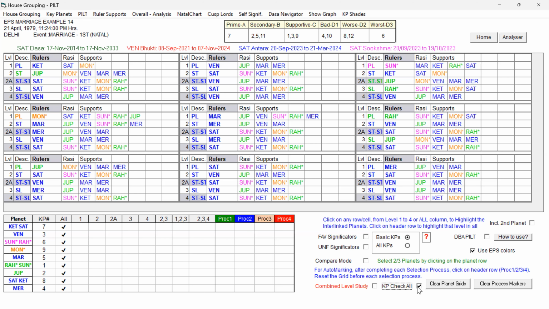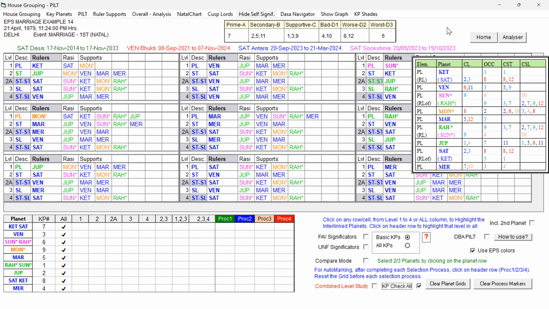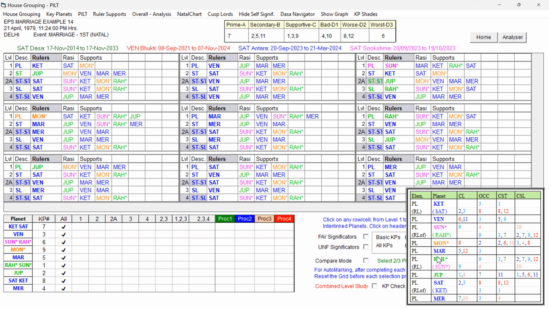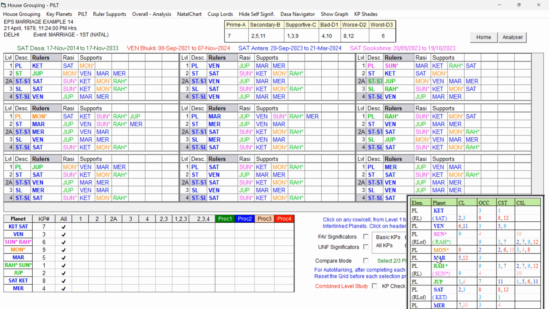And as I said, let me keep the self-significators open. Now we have to check the destiny and the sub-periods. Before that, let us check each self-signification.